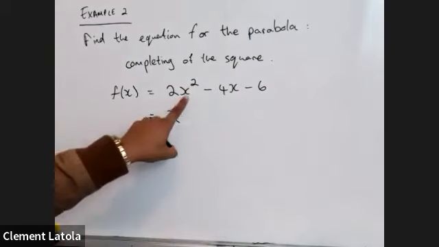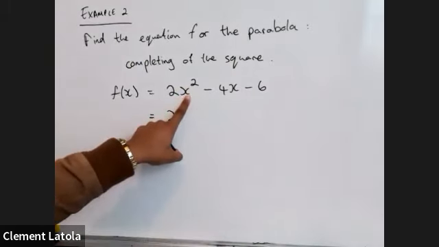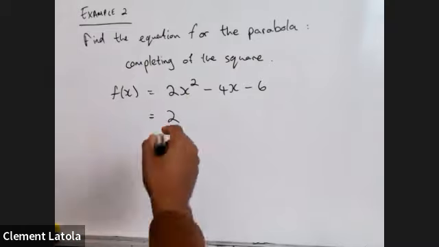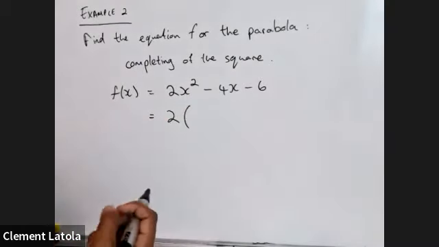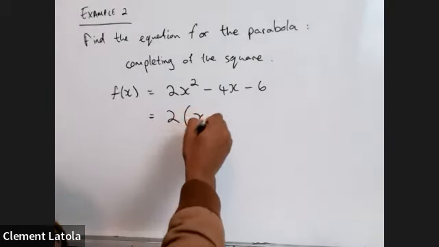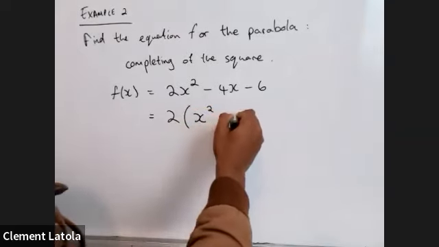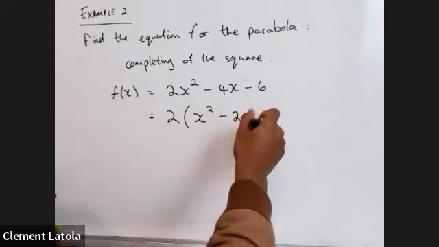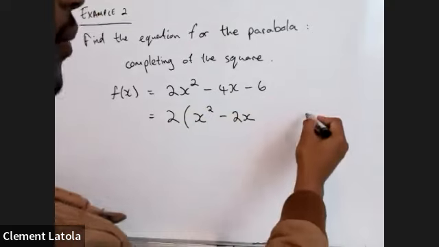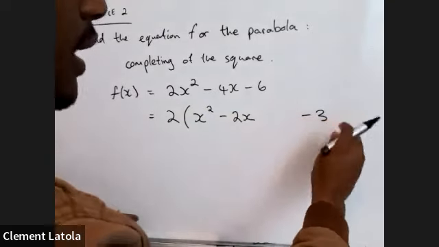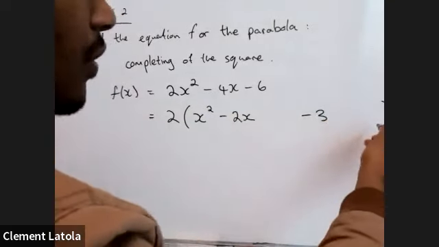There needs to be a 1 in front of the x squared. So we factor out the 2 so that it can be 1x squared minus 2x, and I'm going to leave a space here, minus 3. I leave a space here as well, close the bracket.